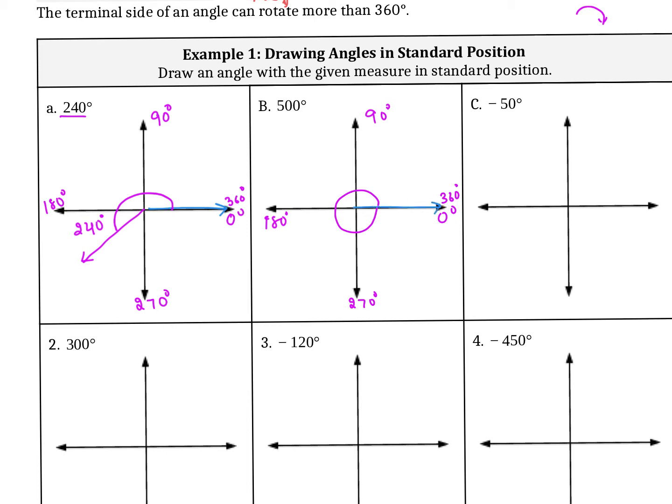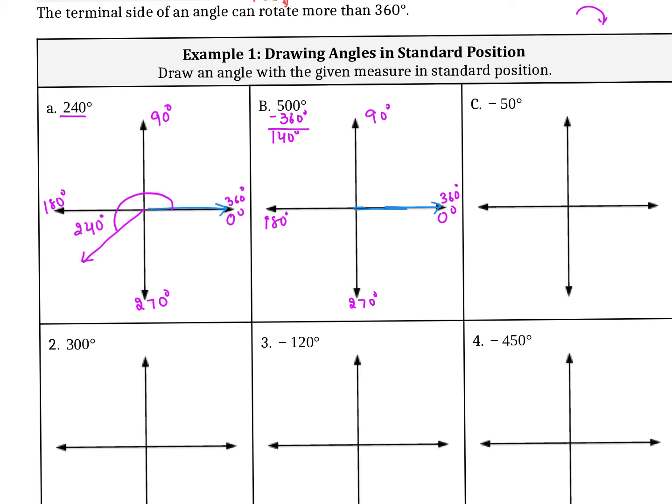It means that the 360 doesn't matter, so we can subtract it from 500. Now what is left is 140. We have to draw 140.